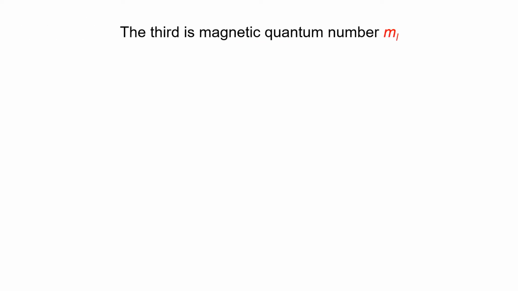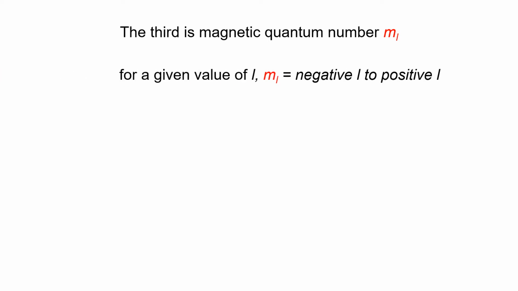The third number that we need to tackle is the magnetic quantum number, ml. Once again, we're going to find that ml now depends on the given value of l. So for a given value of l, ml can range from negative l to positive l. This means that if l equals 1, which designates a p orbital, then ml can be negative 1, 0, or 1.